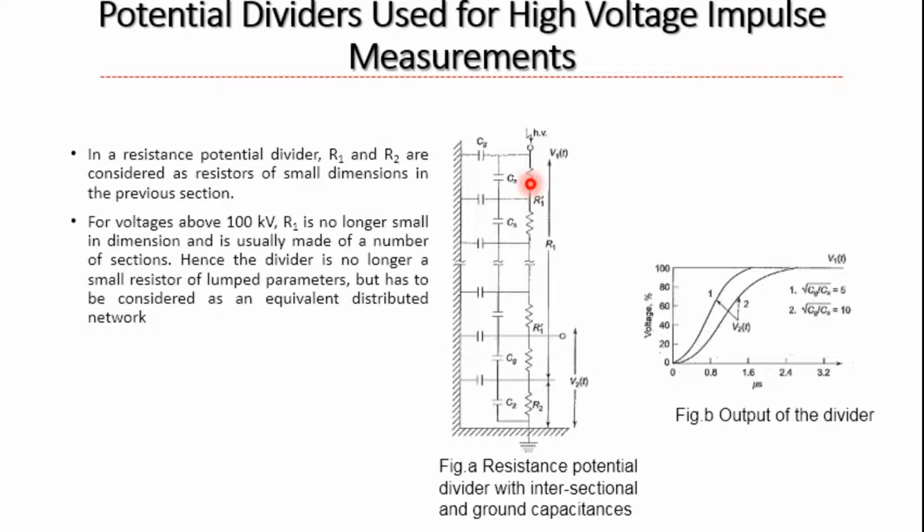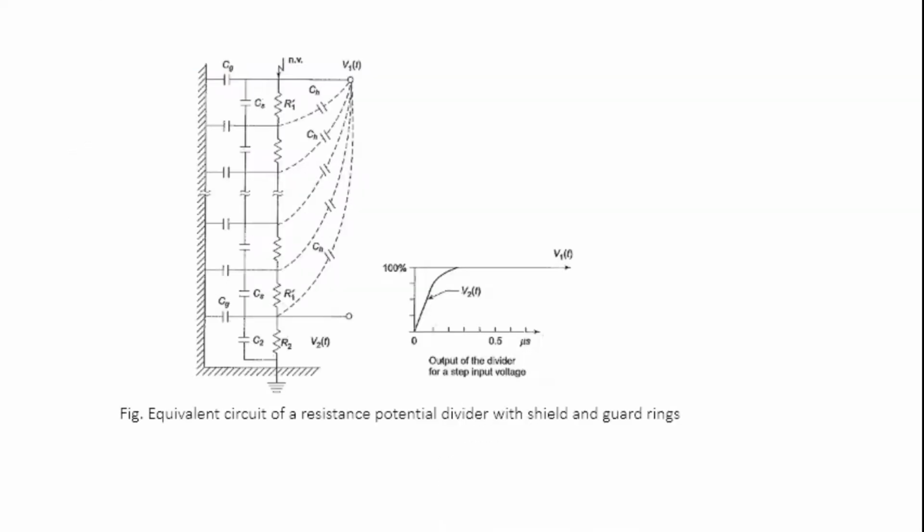This type of divider will produce a non-linear voltage distribution along its length, and also act like an RC filter for the applied voltages. The output waveform is shown here for variations of Cg and Cs for a step input.